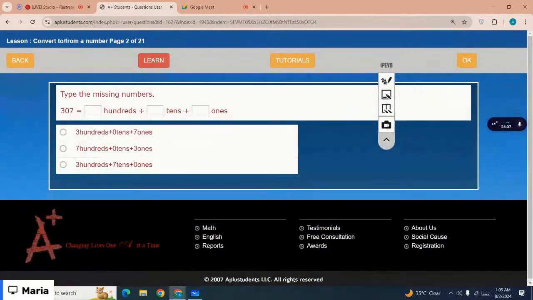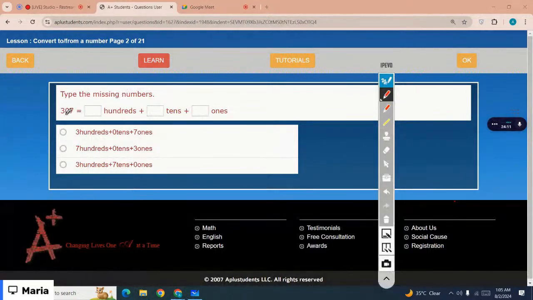The missing number. Okay, the digit is 307. You need to write it down as hundreds, tens and ones, right? So that is 307. Just write it down in the place value chart. So 7 is at the ones place, 0 is at the tens, and 3 is at the hundreds, right? So now that would be easy for you. You have 7 ones, 0 tens, and 3 hundreds.